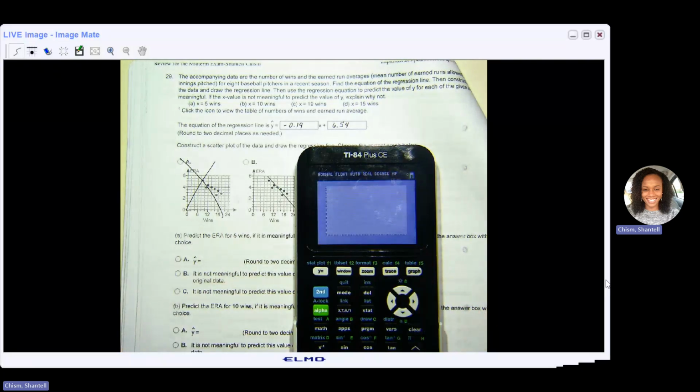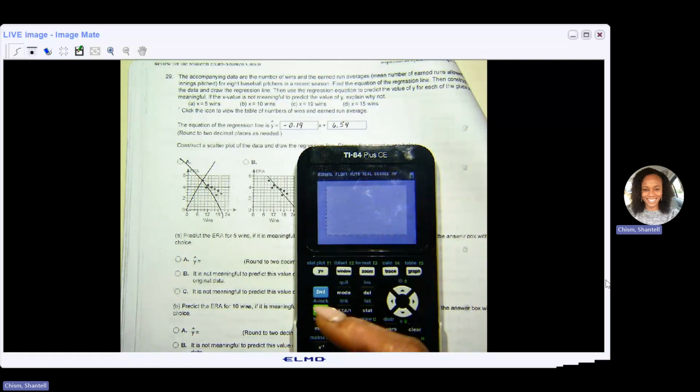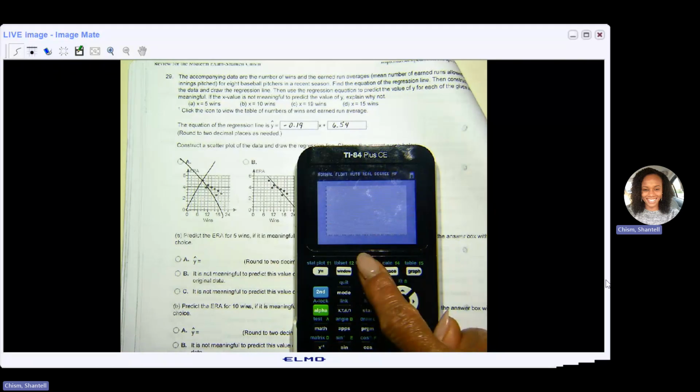And you might say, well, you just said it'll plot, but I don't see anything. Well, that's because we haven't fit the calculator's window to that particular data set yet. So to do that, press zoom, and then zoom stat or zoom fit will adjust your window so that you can now see the line and the ordered pairs, the data set.